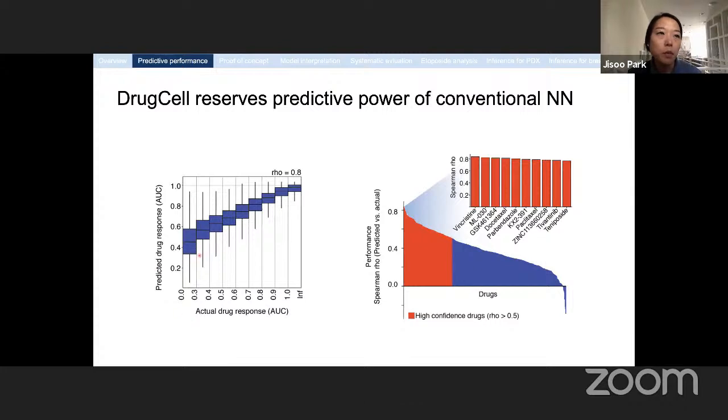We have discussed a lot about how to resolve the imbalance between the sensitive and the resistant drug response data. But it's well thought and considered that for the sensitive cell response to the drugs, it's a harder problem to predict. I'm not sure that it answered that question completely.